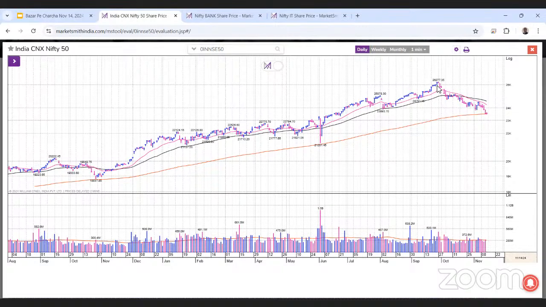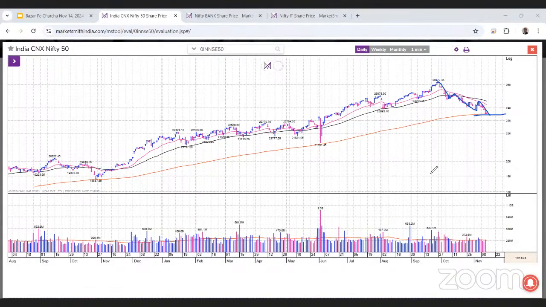You can see if I annotate this, the clear-cut downtrend is there, lower top, lower bottom formation, and it has already reached this 200 DMA.